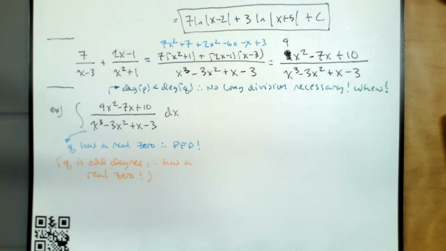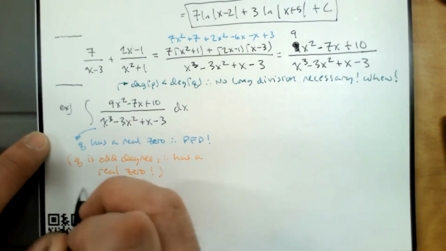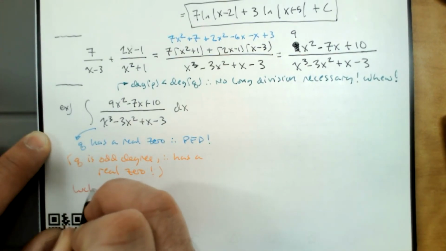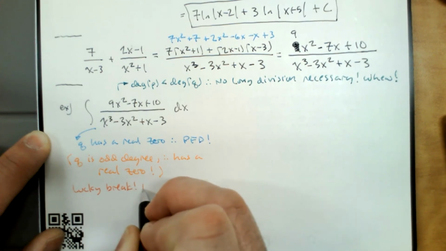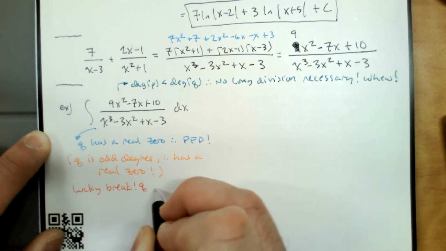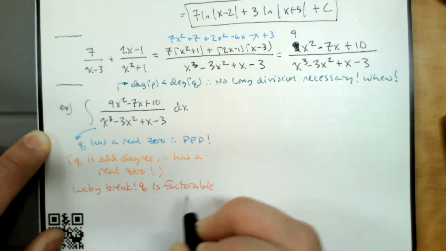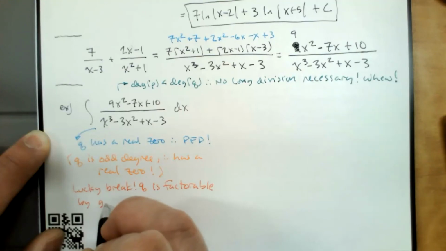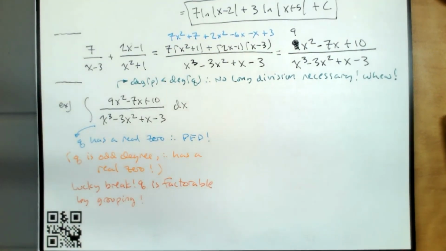So we notice that the denominator is factorable by grouping. So we got a lucky break. The denominator is factorable by grouping. We're not going to have to work hard for what that real zero is.